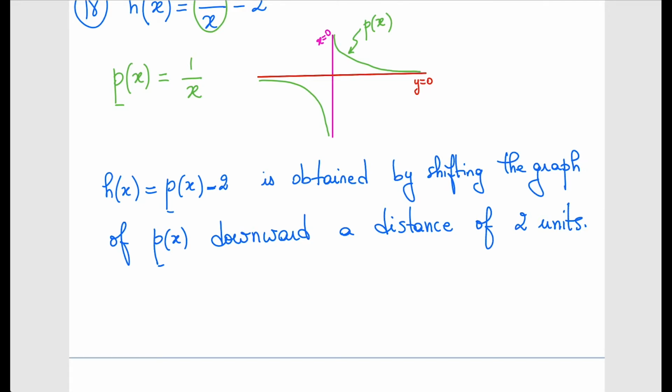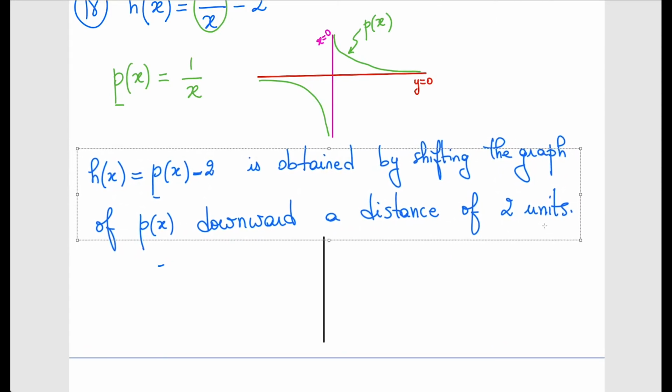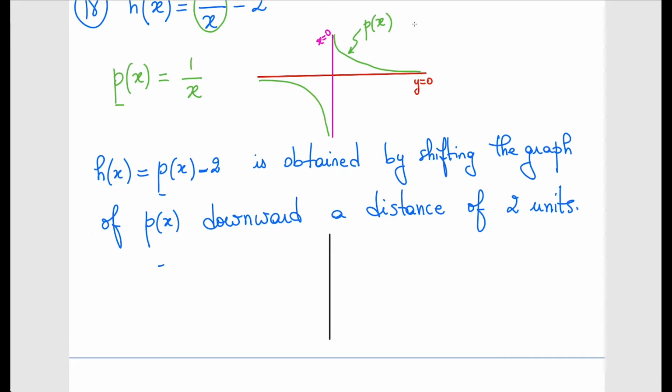Let's say this is the xy plane. Let me make some room for this graph. All right, so this is the xy plane. Let's do it like this. Okay.